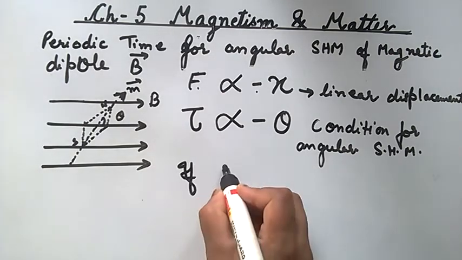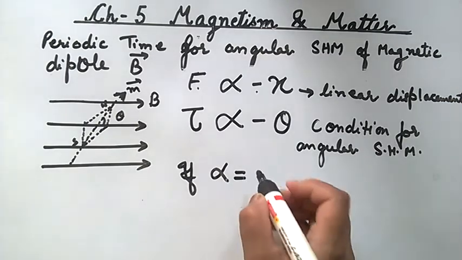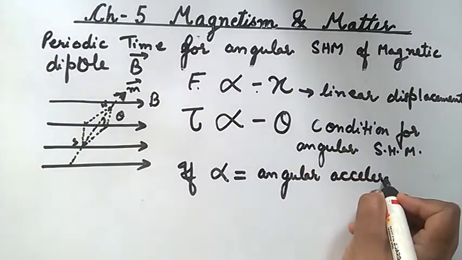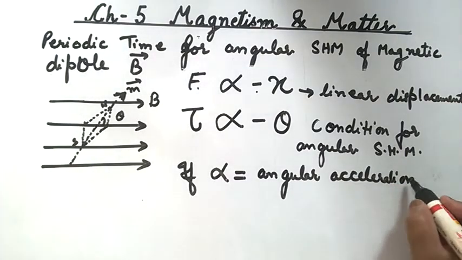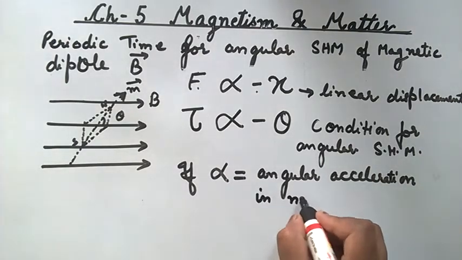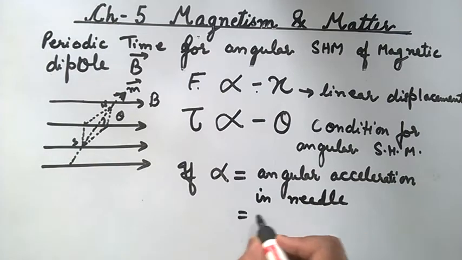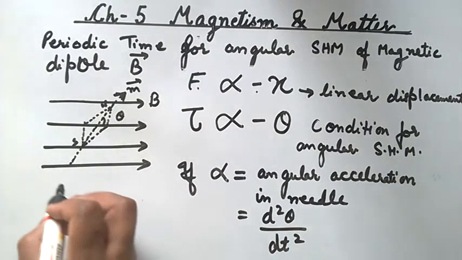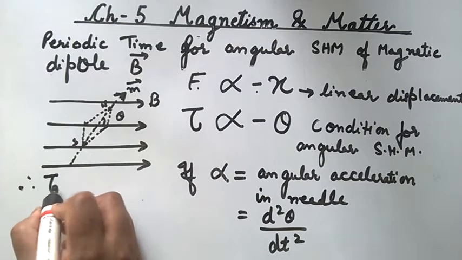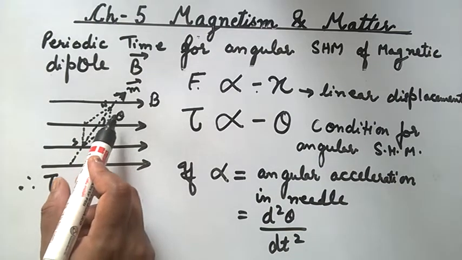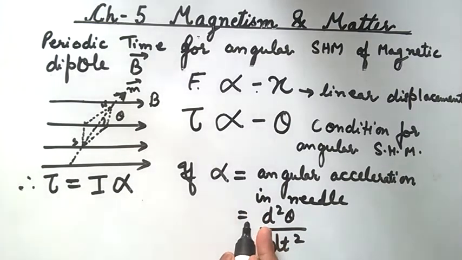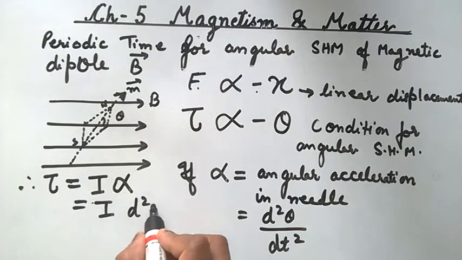If the angular acceleration in the needle is d square theta by dt square, therefore the torque on the magnetic needle is equal to moment of inertia into angular acceleration, and it is equal to I d square theta by dt square.